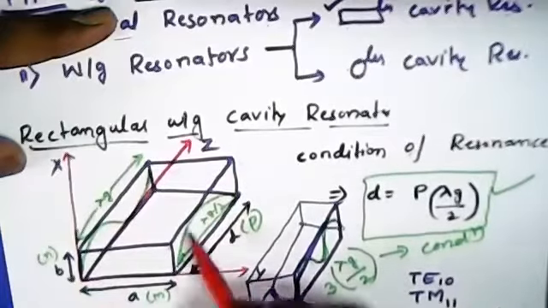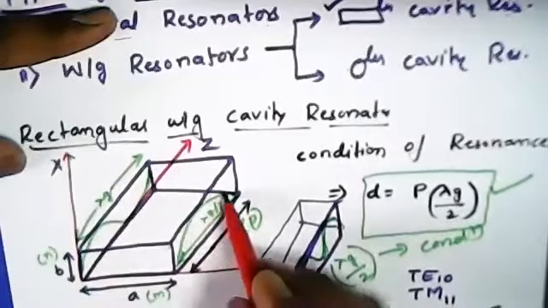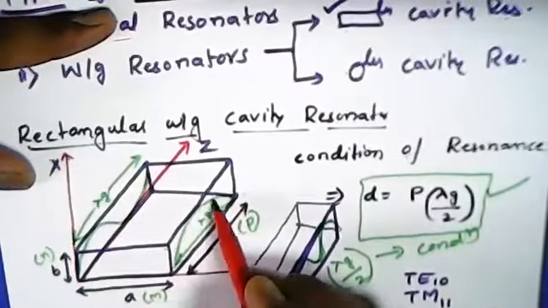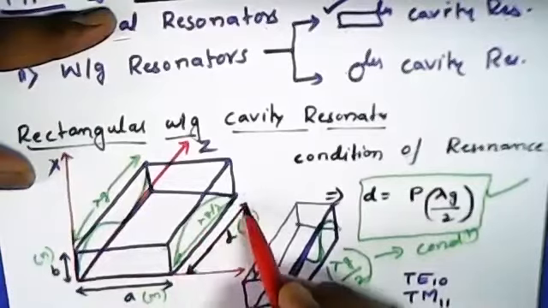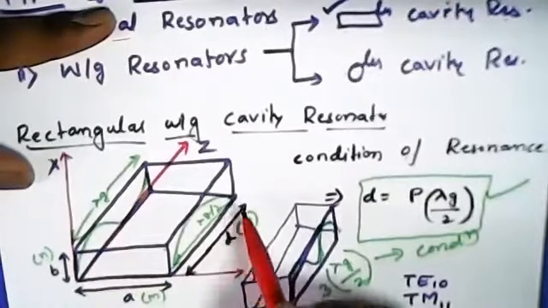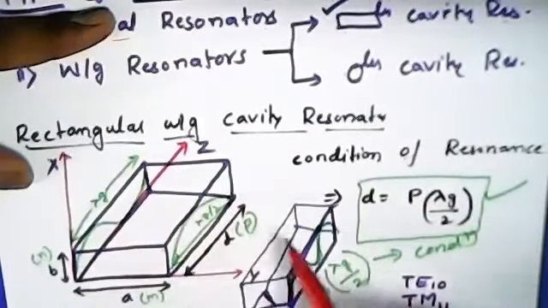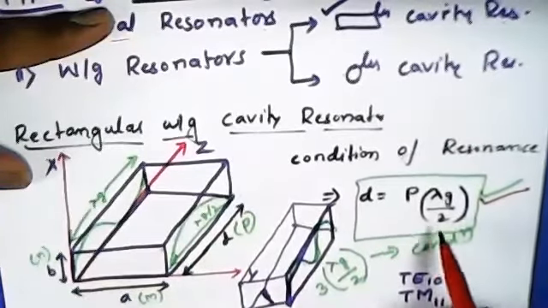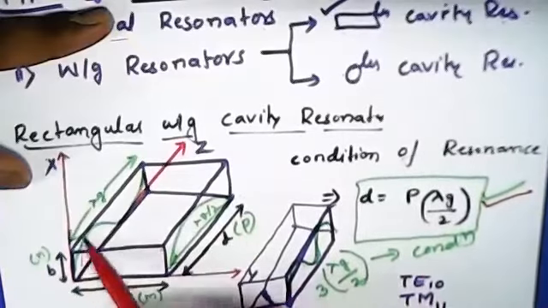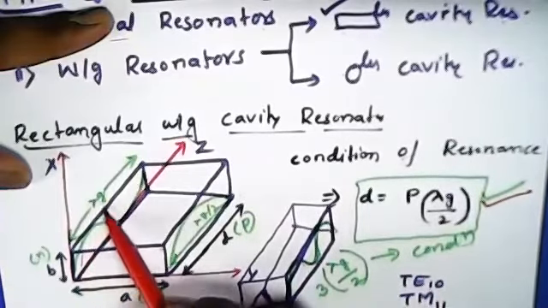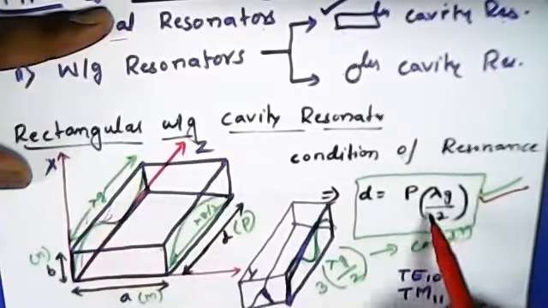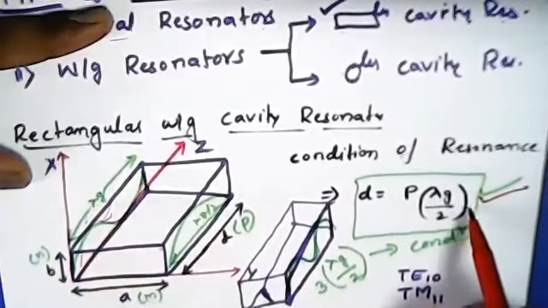Then we have seen the mode of propagation, how it takes place, depending upon which we can say that it satisfies the resonant condition. With this resonant condition, we have seen an example. This is lambda g by 2, which satisfies the condition of resonance here. For this case, it is 2 lambda g by 2, the 2 gets cancelled, and we get only lambda g, which again fulfills the condition.